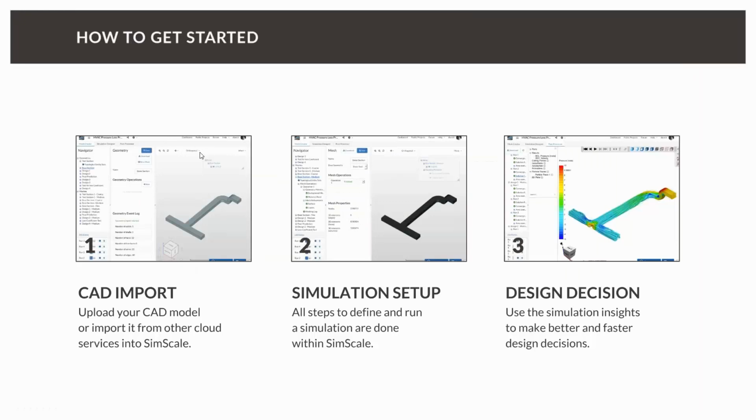And now I will show you very quickly the process behind such a CFD simulation of an HVAC T-junction. Everything starts with importing the CAD model, and this is maybe the most important point. Here it's also very important to understand what our CAD model is.